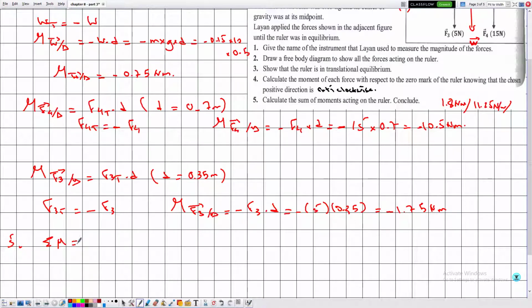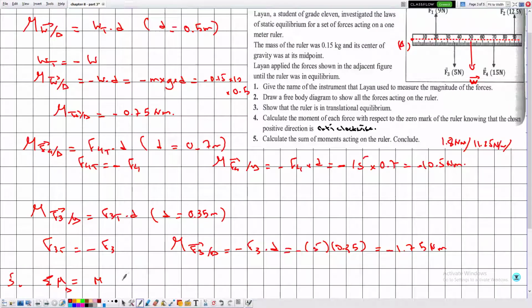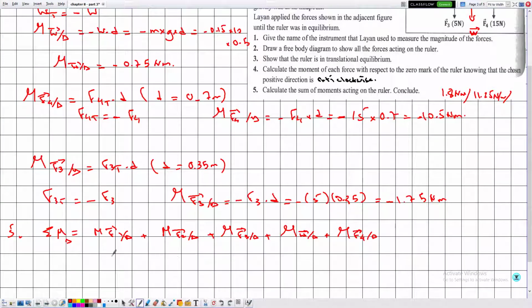So the sum of moments around an imaginary axis delta passing through the starting point of the ruler, which is this point, is the moment of F1 over delta plus the moment of F2 over delta plus the moment of F3 over delta plus the moment of the weight over delta plus the moment of F4 over delta. We are just calculating the sum of moments.